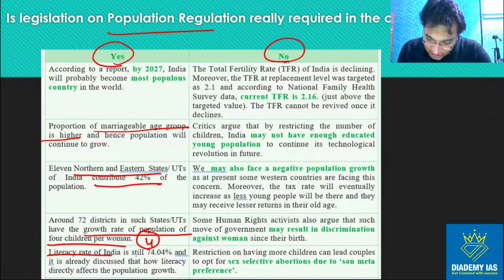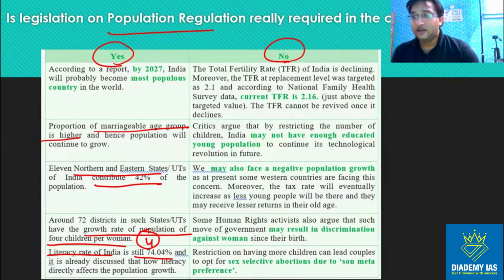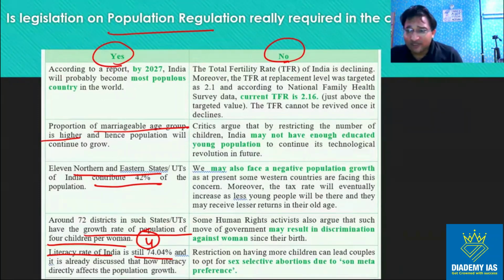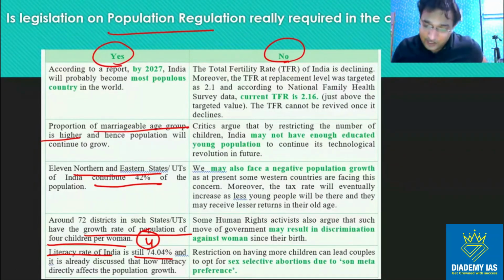Literacy rate is still 74%, but how literacy directly affect the population growth, that is not clear. तो literacy rate तो अभी भी काफी अच्छा है, लेकिन ज्यादा literacy rate से भी कुछ ज्यादा फायदा हो नहीं रहा है, ठीक है। Then there are arguments against this bill.